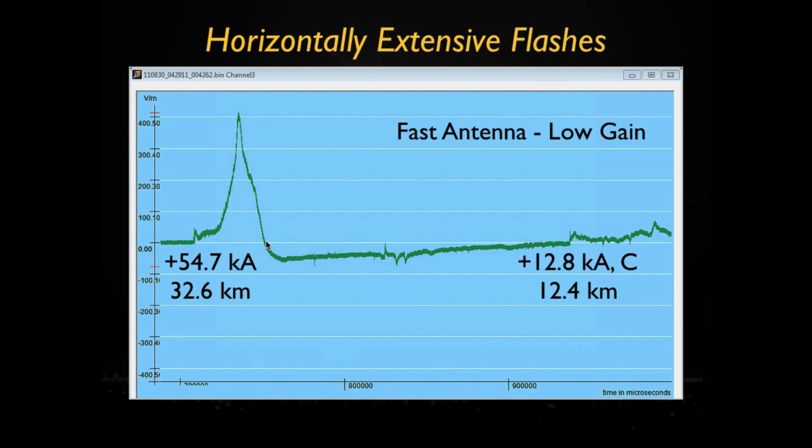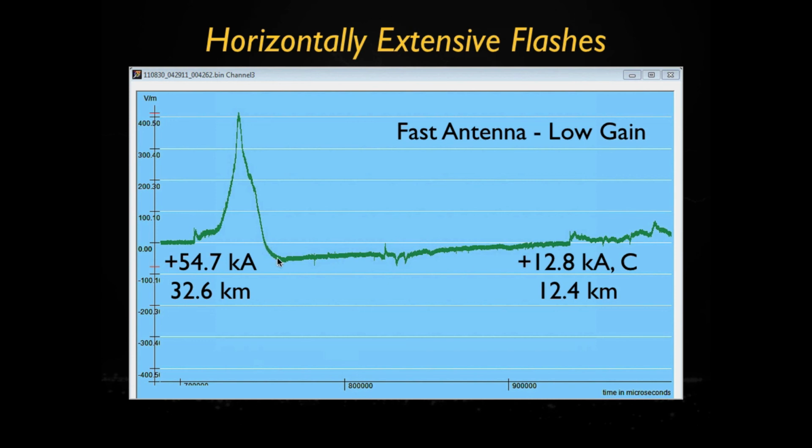So it's unclear to me if this reversal in polarity of the field change is actually due to the positive leader development from the towers, because they were rather weak leaders. I'm not sure if that caused the reversal or if it was just the properties of the original cloud-to-ground flash negative leader development that caused the reversal.